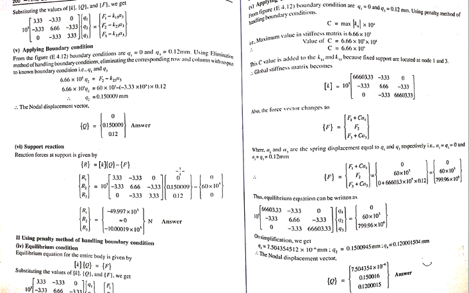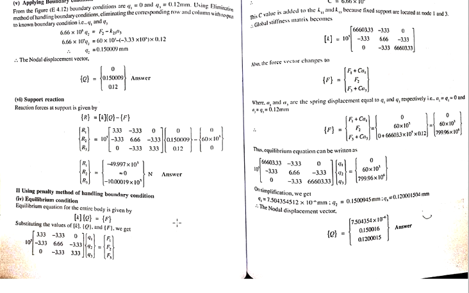The resultant matrix will be like this. Then if you subtract this minus this, this minus this, this minus this, you will get the reaction supports. Clear? Okay, so this is how you can find out the displacement and reaction supports. If the stress is also needed, then just go for the formula.